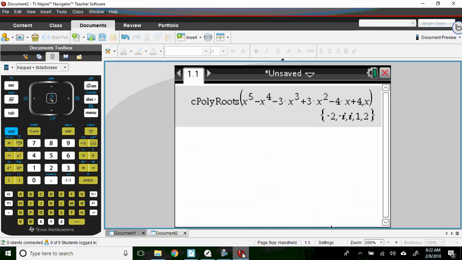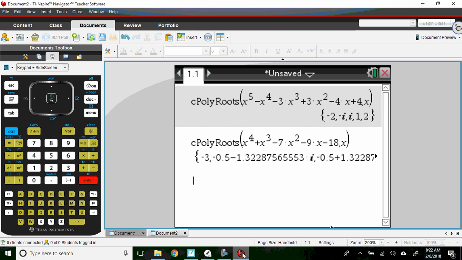Let's try this. So it was x to the 4th plus x cubed minus 7x squared minus 9x minus 18.